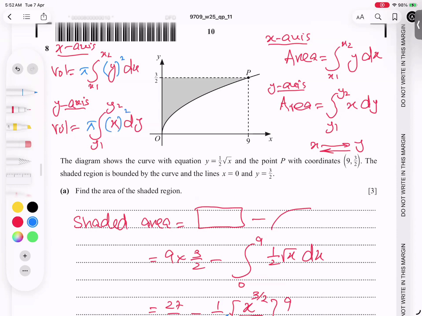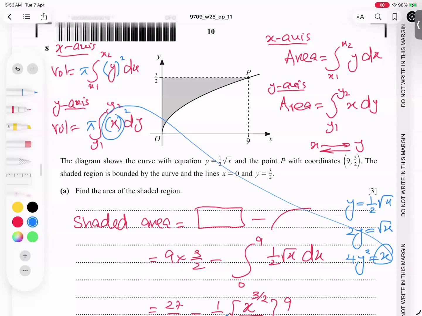So we first need to make x the subject. How do we make x the subject, students? y is equal to half root of x. Multiplying the left side by 2, we get this. Squaring both sides, 4y squared equals x. So this is the x required, and we can copy this into the bracket.